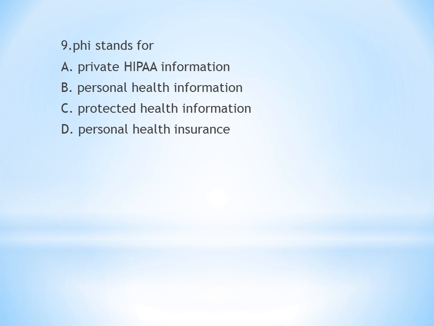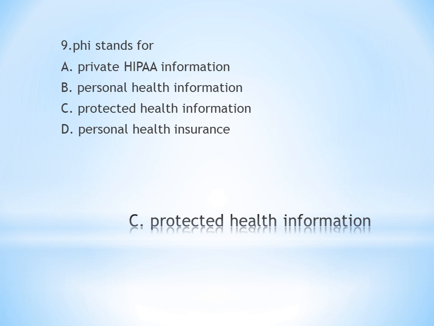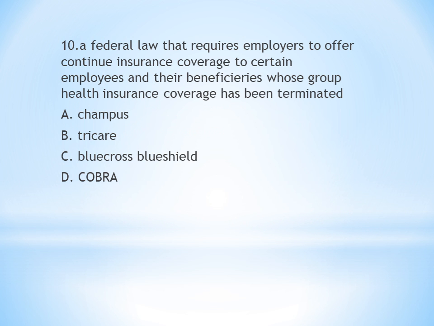Now this PHI stands for protected health information. It is information about the physical and mental health, so it will be health information only, right? And it is protected, so the answer is protected health information.